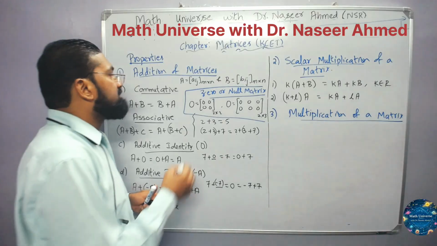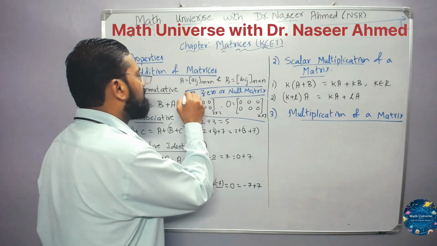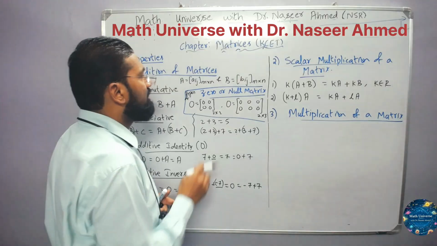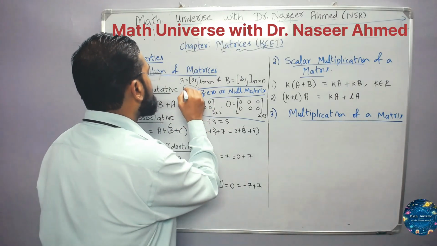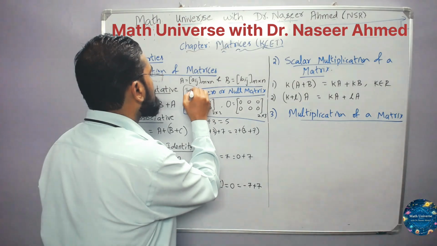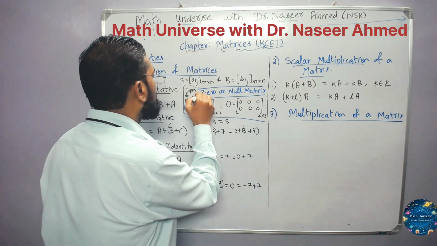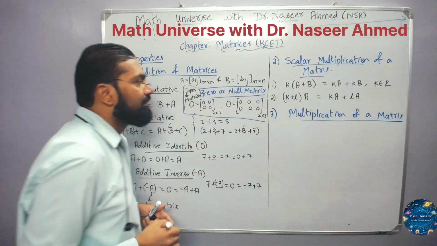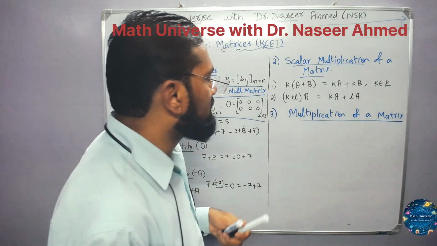This is under types of matrices. I just forgot to mention it. Now let us move on to the properties of matrix multiplication.